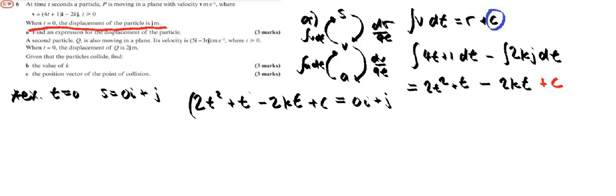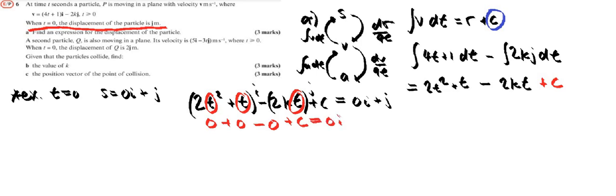So that's my i, and that is my j. Now when t equals 0, I'm going to substitute each of my t's for 0. So that means this is going to be 0 plus 0 minus 0 plus c equals 0i plus j. So we have found the value of c because that's the only non-zero term.